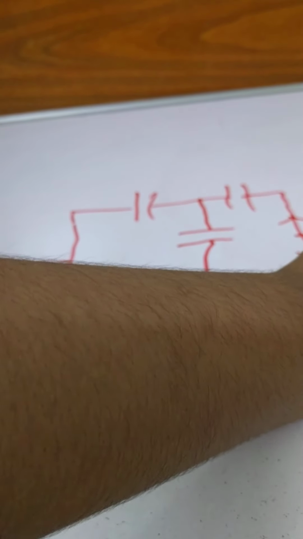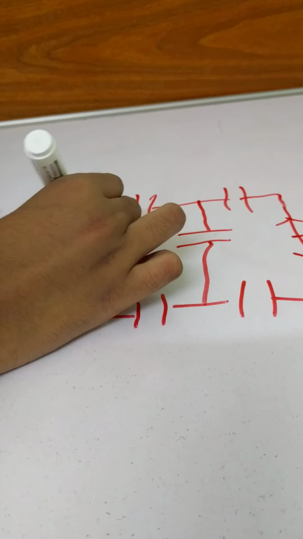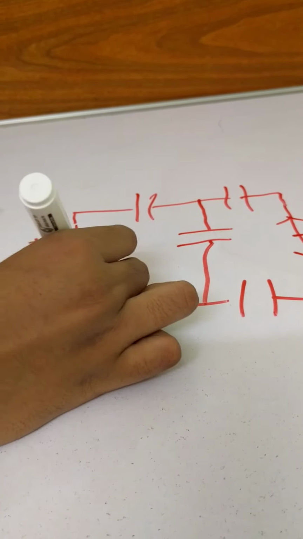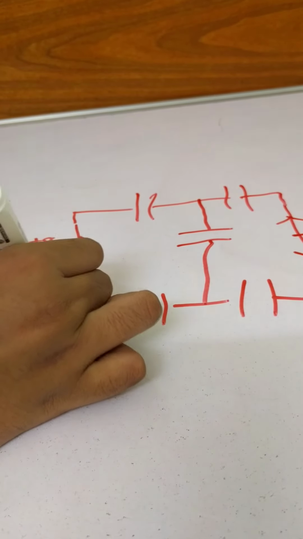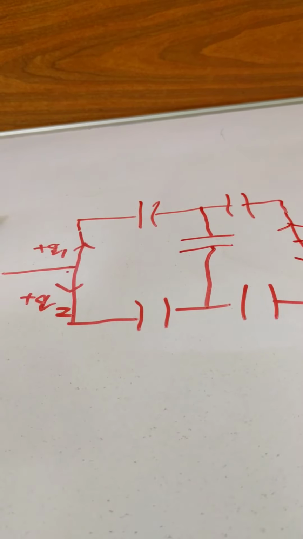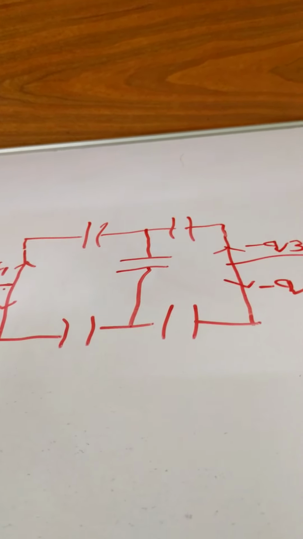Here minus q3, this side minus q4, this side plus q1, this side plus q2. Now it will be clear. It's not so bad, I think.